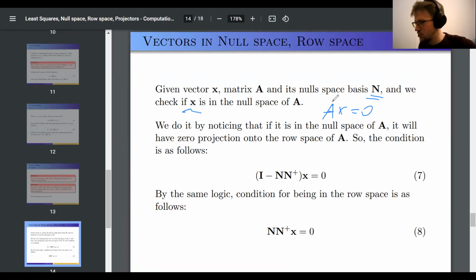If this is equal to 0, then X is in the null space. But we can do it also in this way. How do we check it? We can check that its projection onto the row space is 0. If the projection of X onto the row space is 0, then it lies completely in the null space.